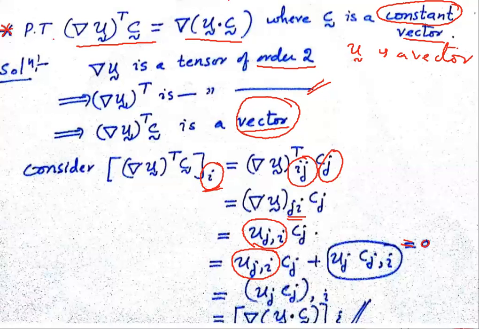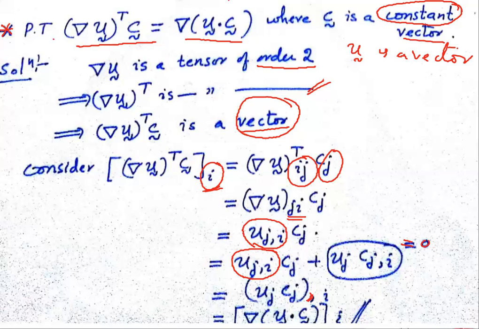So this is nothing but, using the product rule, uj, cj, comma xi, right? Is it not the definition of the product rule? Differentiation of uj, cj as it is, plus uj as it is, differentiation of cj, right? So that's nothing but the product rule. So comma I as it is outside the bracket.